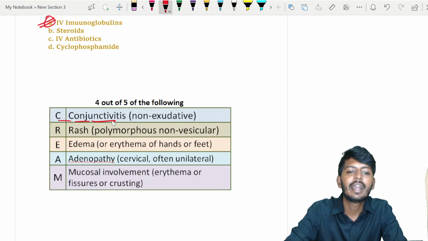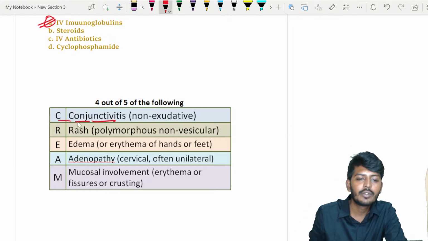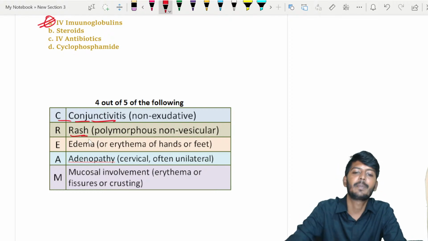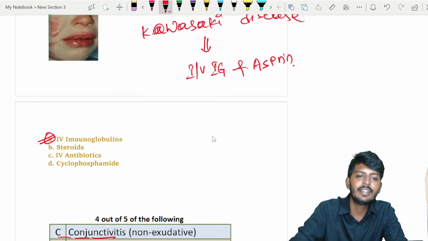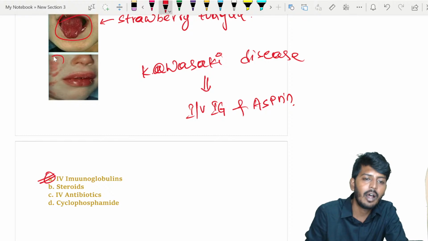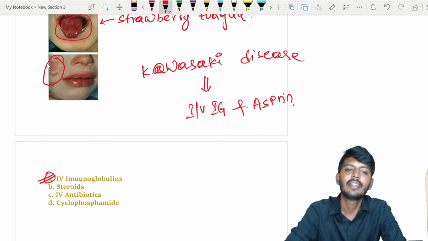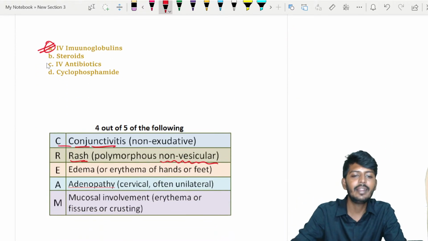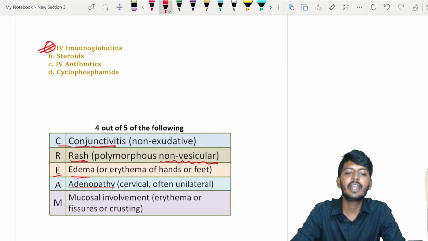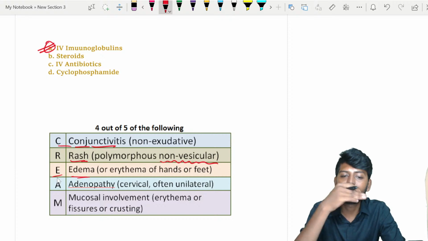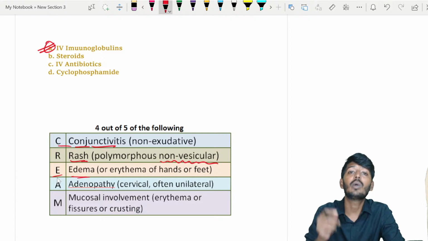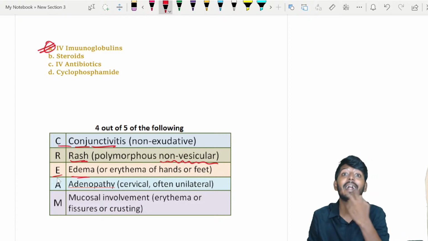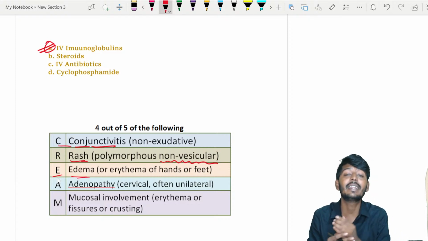The child will have conjunctivitis, and also a polymorphous rash, but remember it is a non-vesicular rash. In this case also, you can see non-vesicular rashes are present. There will be edema and erythema of the hands. Adenopathy means lymphadenopathy, often cervical, and the mucosa will be involved. Do not think the mucosa is spared; that is why the tongue is there.